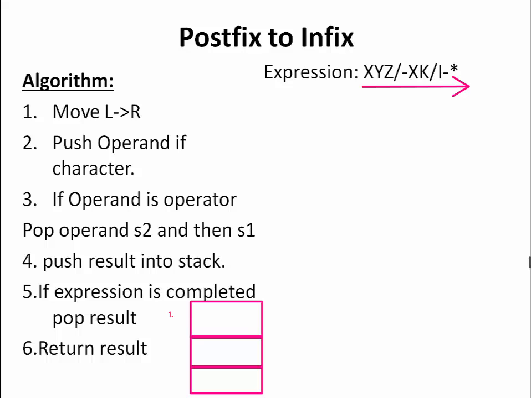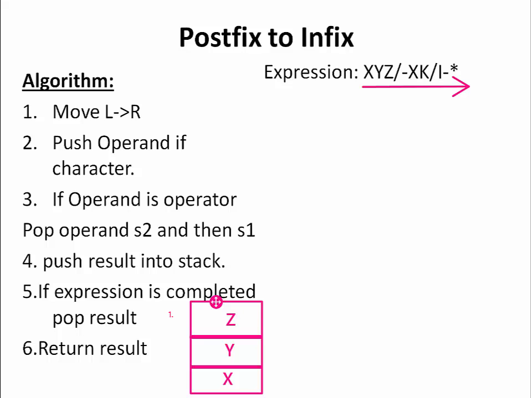Now, to follow that, the first thing is the expression. If an item in the expression is an alphabet or character, we push the operand into the stack. So X is an operand, I have pushed it into the stack, Y is an operand, I have pushed it into the stack, and Z is an operand, pushed into the stack.